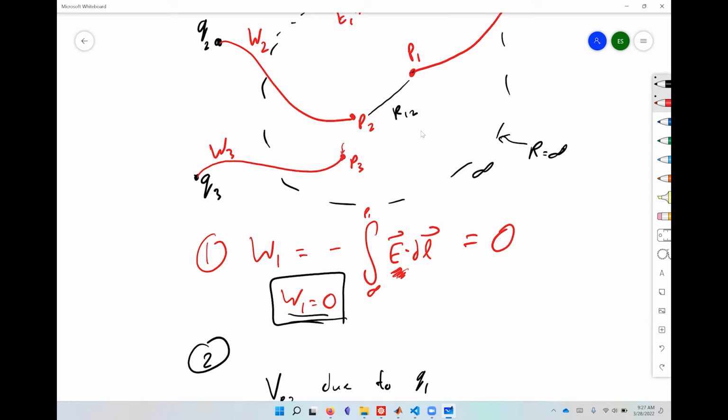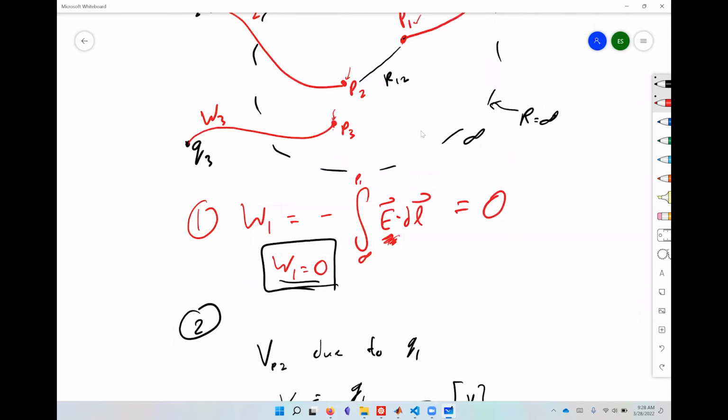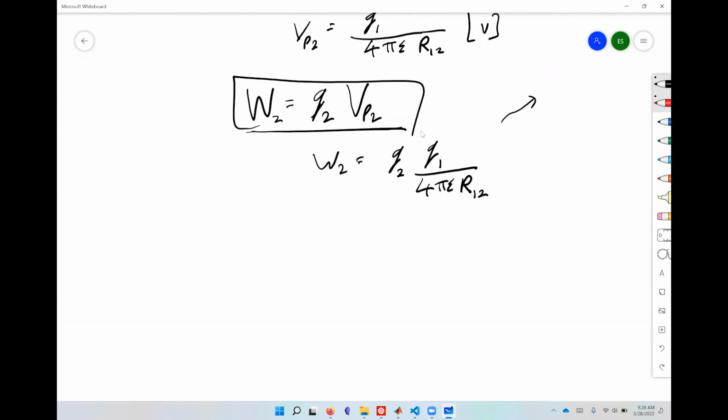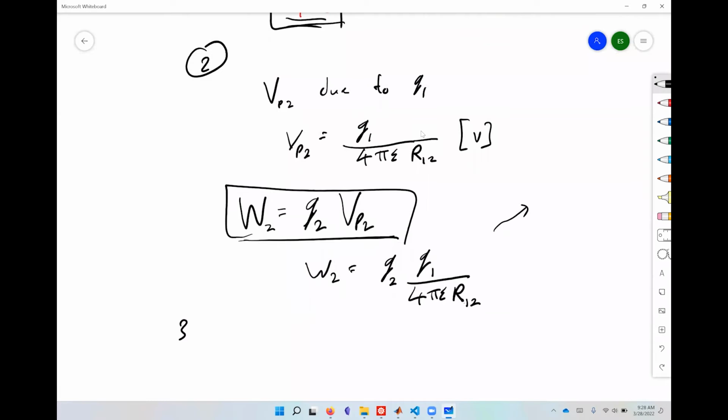But now the voltage at P3 is more complicated because now we have 2 charges existing in the universe previously. So now we have to find the voltage at point P3 using the superposition of the 2 charges at P1 and P2. So the voltage at P3 now, so this is step 3, is going to be the superposition of the voltage due to Q1, Q1 over 4 pi epsilon R13.